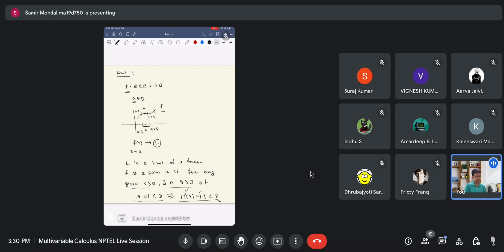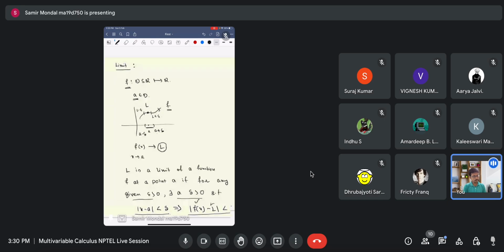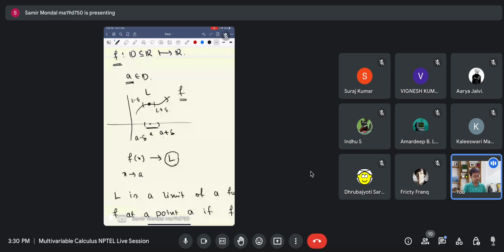Someone can observe that if you take a lesser delta, suppose this one, then the same epsilon will work for this one also, is it or not? Because you are taking it smaller, definitely the distance between the functional value and L is less than epsilon.